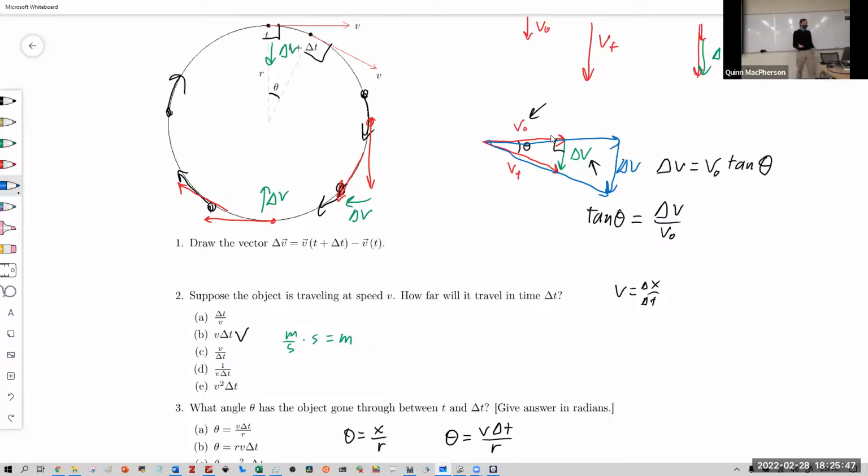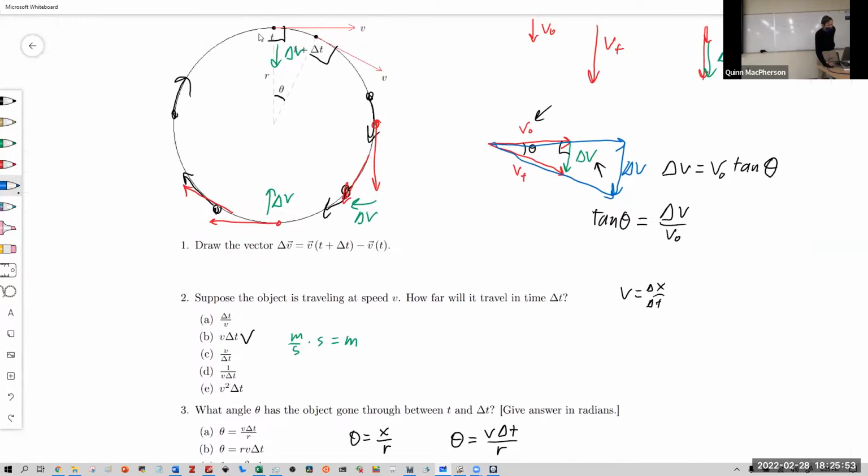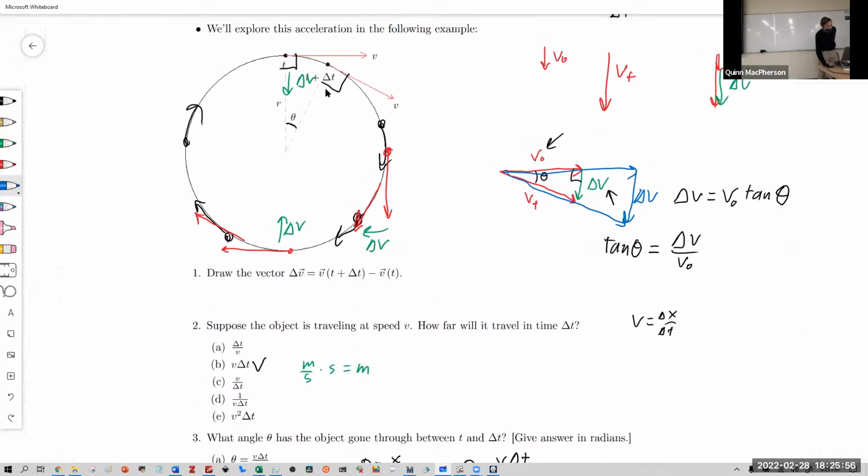The other source of v is that if we're going faster, it takes us less time to go through any given angle. Suppose you go for 1 second around a small circle and 1 second around a big circle. In 1 second around a small circle, you go through a big angle. In 1 second around a big circle, you go through a small angle.